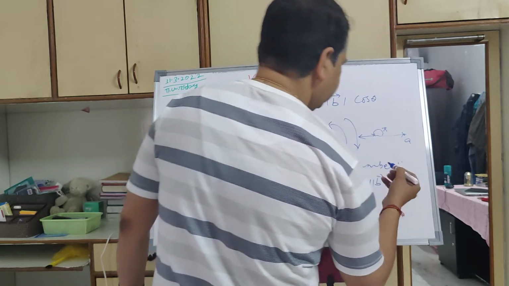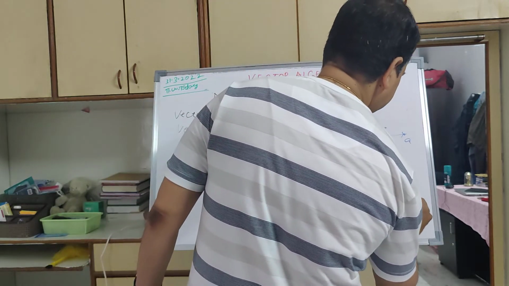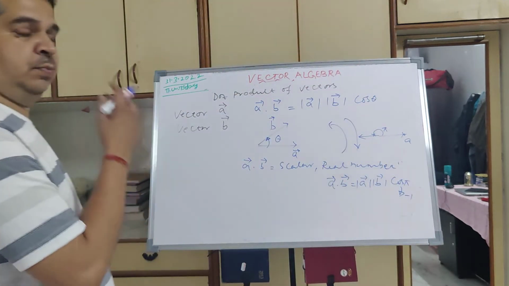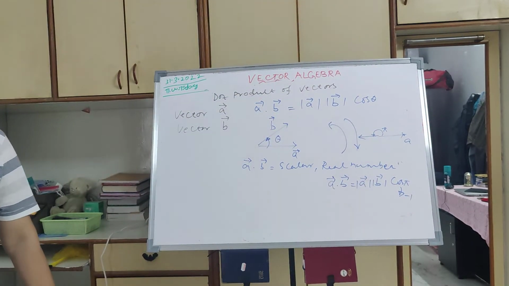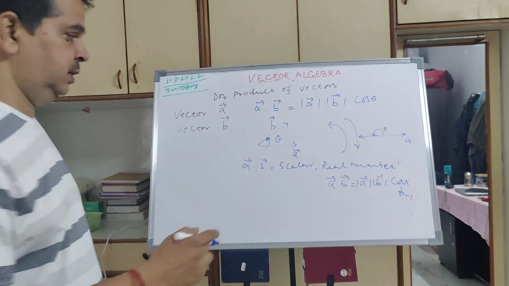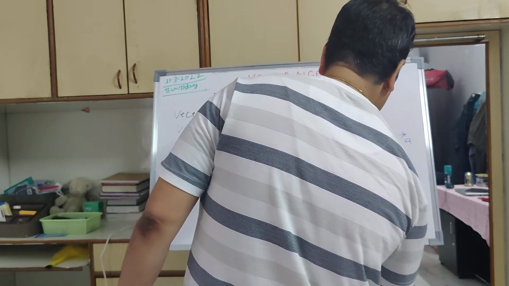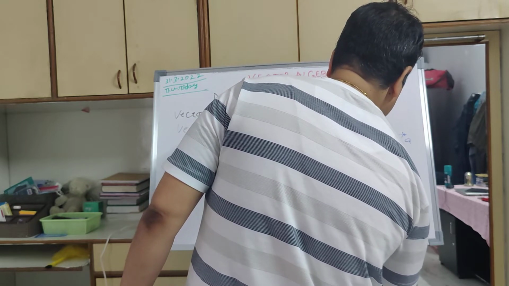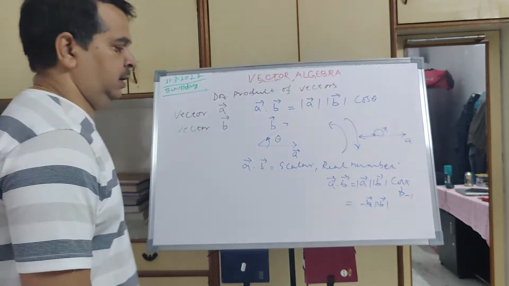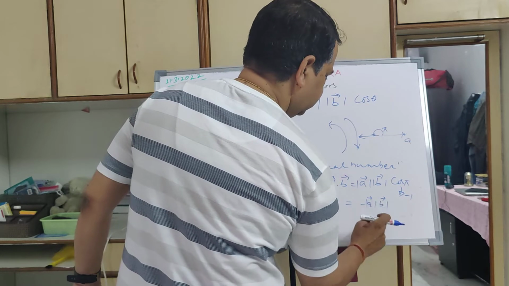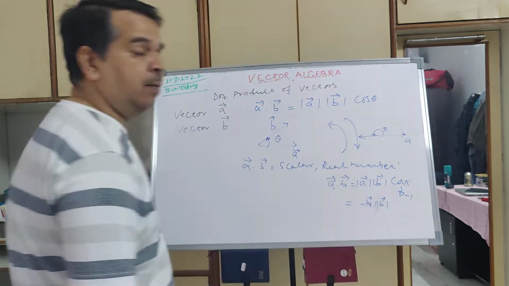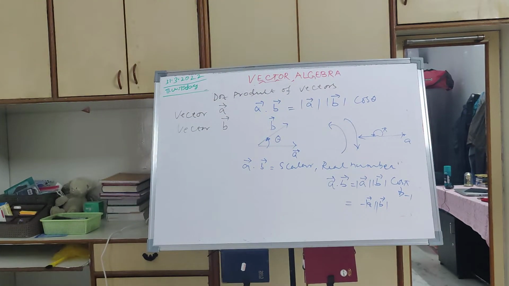Cos pi is nothing but -1. Cos 0 is 1, but cos pi is -1. So this will become a negative number, minus magnitude of A and B. So this is another property of the dot product.